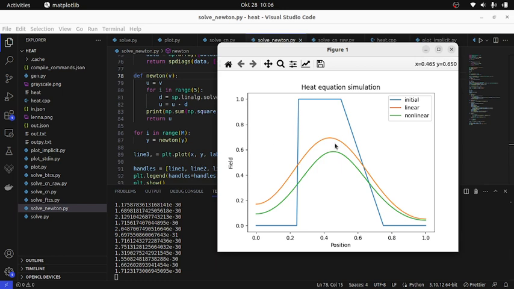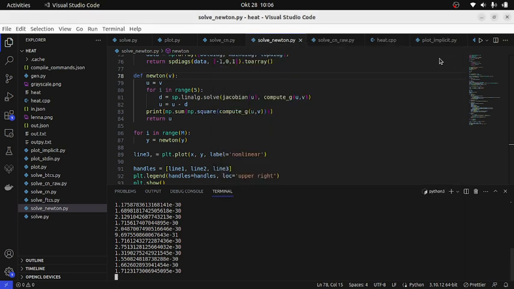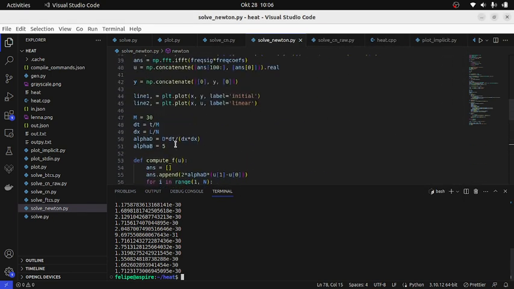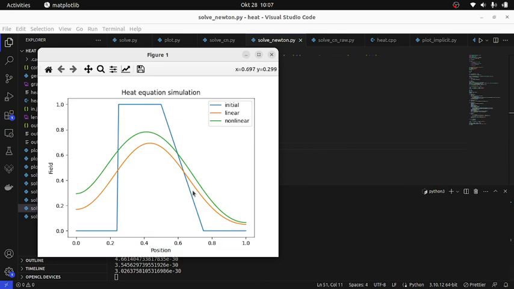And you see that if we put alpha b equals 5, the nonlinear one is below the linear one, because we used a positive value for b. If we used instead a negative value, you see that the nonlinear one is above, as expected from the theoretical analysis that we did before.